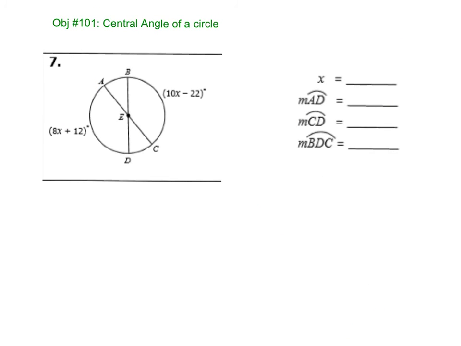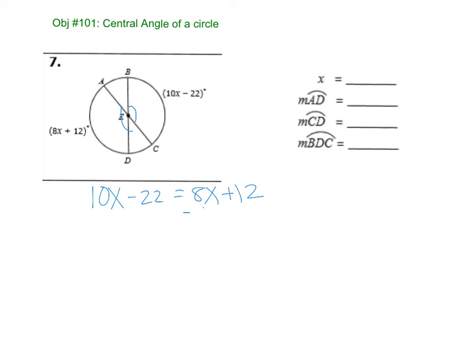All right, last one. This is actually way easier than the other one. Not gonna lie. All right, pause the video, look at this, and tell me what you think. Well, we have our vertical angles, which means those are equal, which means their arcs are equal. 10x minus 22 equals 8x plus 12.